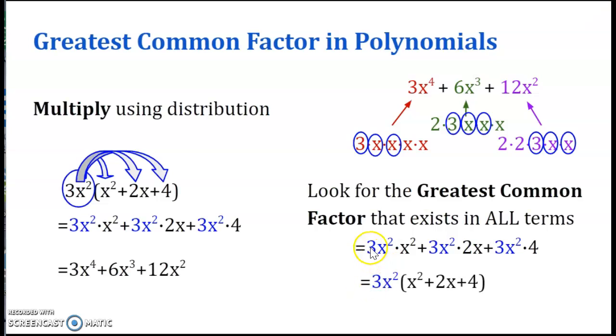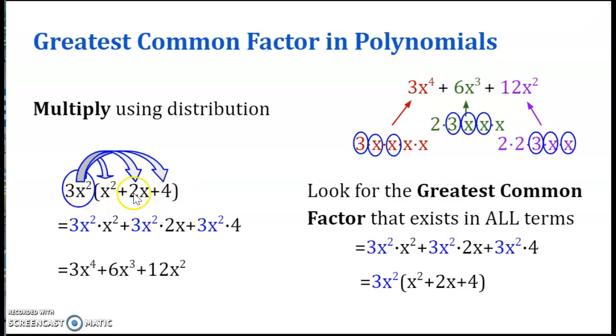So we can rewrite this by taking out the 3x squared that is common to all three of them, outside the parenthesis, and write the remaining x squared plus 2x plus 4 here. And you know that this is actually what we started off with.